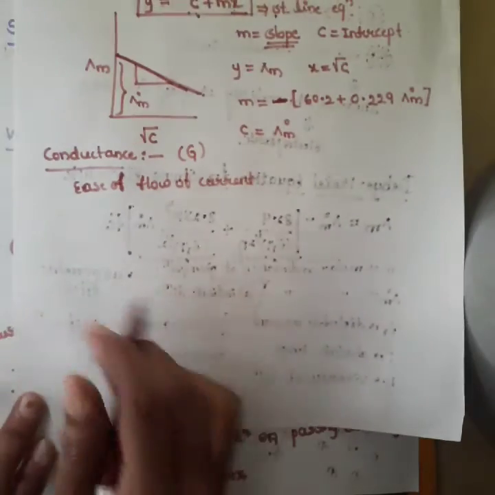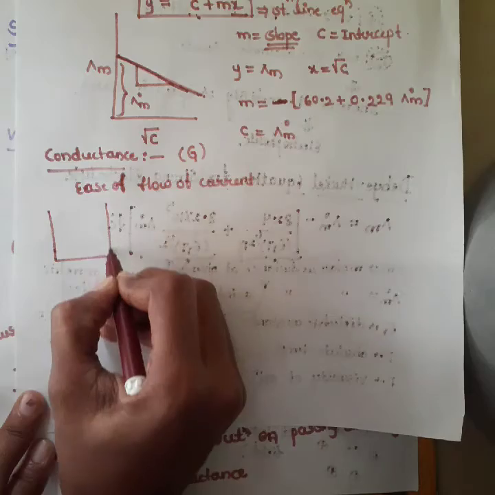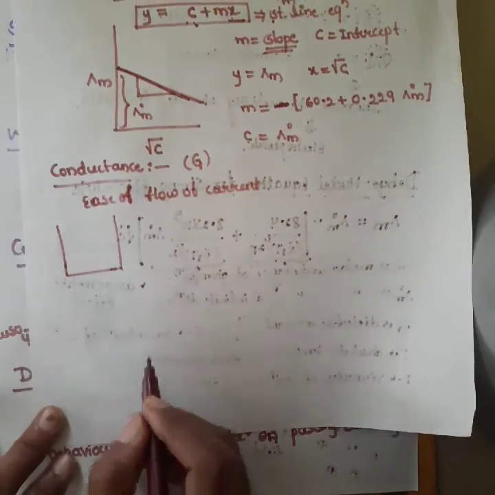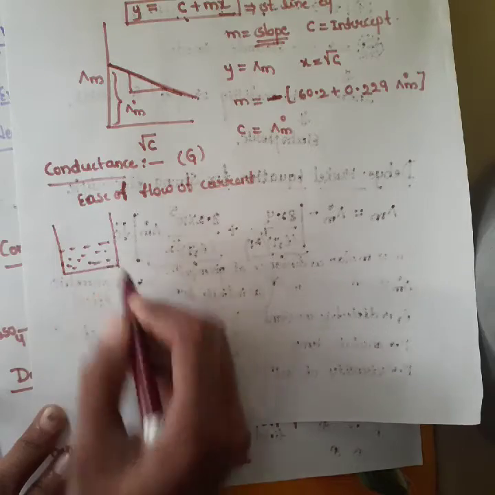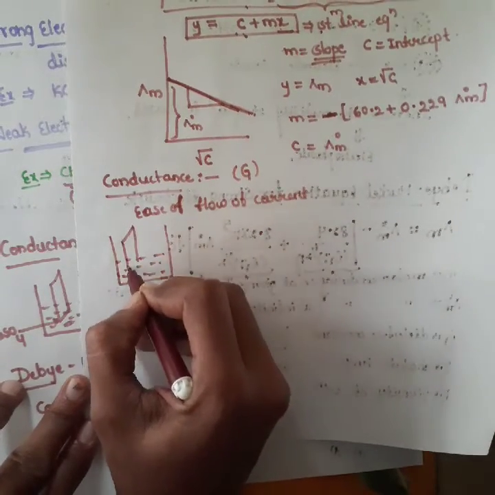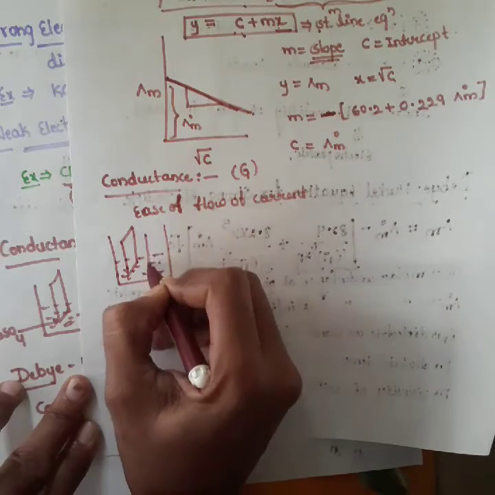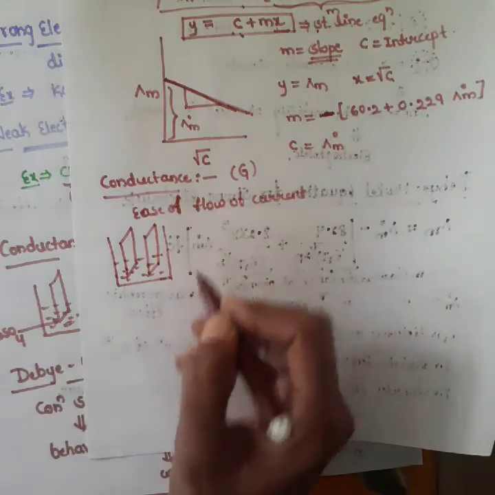Already explained in the first class, consider one solution. Put two electrodes, one is the cathode, one is the anode. Then pass electricity.